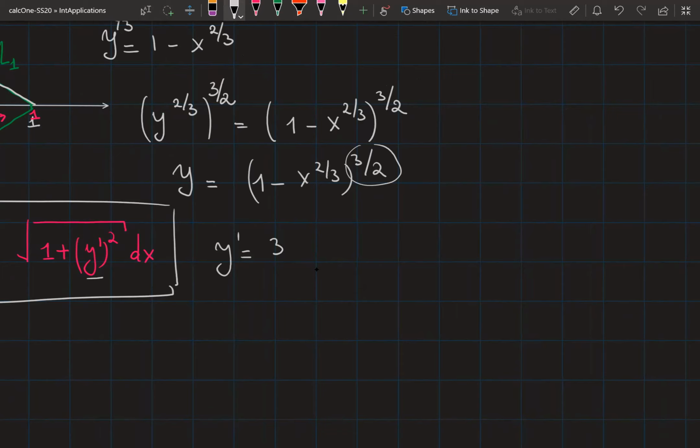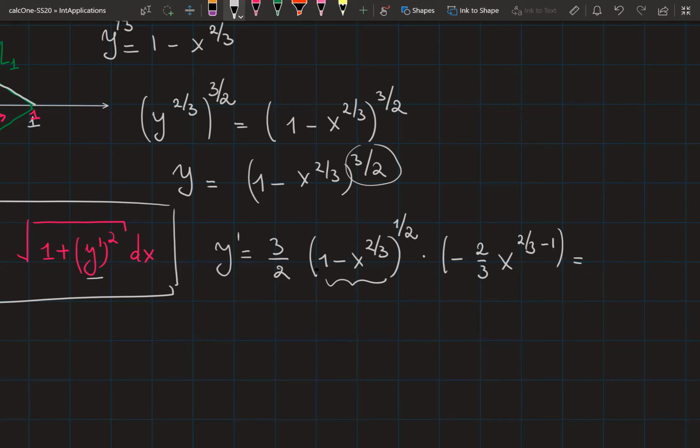So y prime is going to be equal to 3 over 2 times 1 minus x in the power of 2 over 3, in the power of 3 over 2 minus 1, which is 1 over 2, times the derivative of this part. The derivative of 1 is simply 0. The derivative of minus x in the power of 2 over 3 is going to be minus 2 over 3 times x in the power of 2 over 3 minus 1.